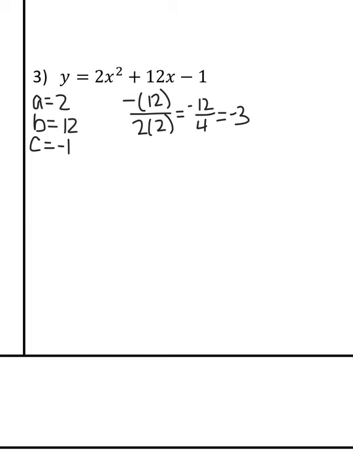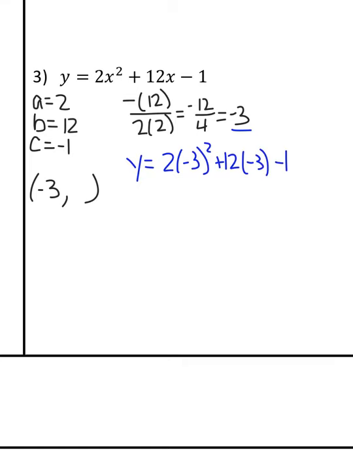So once you have the x-coordinate of the vertex, then you got to go find the y-coordinate of the vertex. So I have y equals 2 times parentheses -3 squared. Now this time it's a negative, it is -3 in the parentheses squared because the x term was negative. Plus 12 times -3 minus 1.